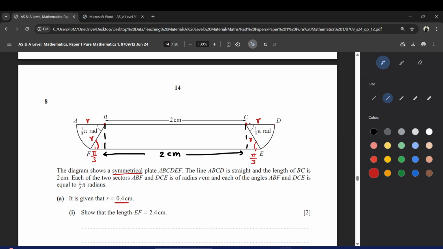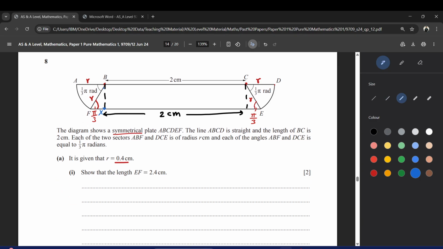So from here, what can we notice? Because I need to find this length, okay, let me mark a point over here. This is, let's say, point X. Okay, it'll be easier to address then. So let me draw this triangle BXF. So this is BXF.